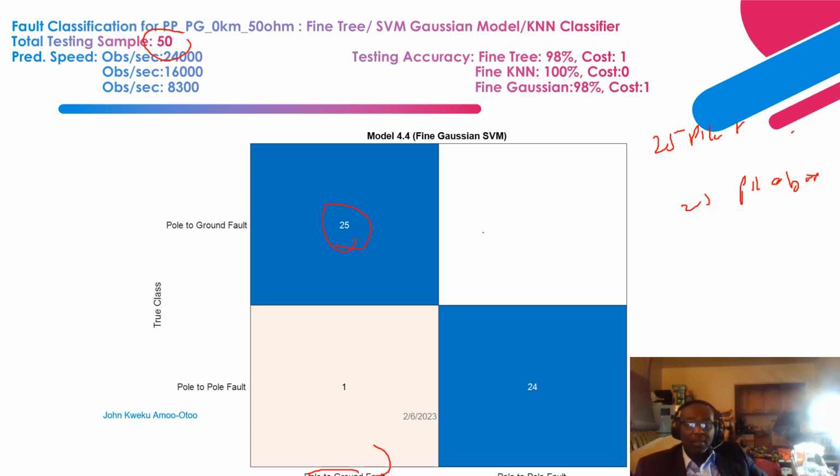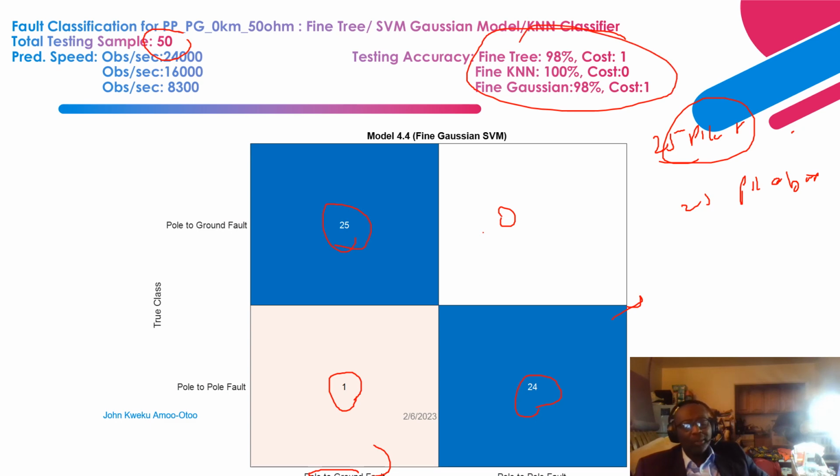Out of the 25, 25 were correctly classified, so 0 were misclassified. Then for the pole to pole fault, 1 was misclassified and 24 were classified correctly.